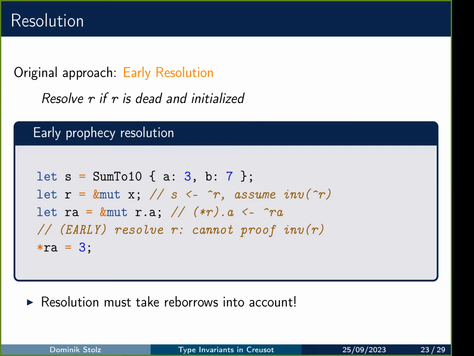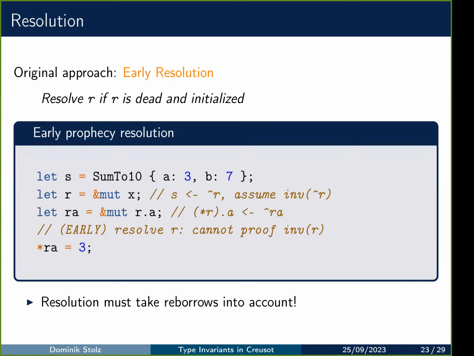And this is demonstrated here. So the early resolution algorithm resolved a value R if it is dead and initialized. So here in the example, this shows why early resolution does not work in combination with type invariance. So we have S and take a reference R to S. Oh, there's a typo, it should be S instead of X. So we take a reference R to our sum to 10 value, and then reborrow that reference to create RA.